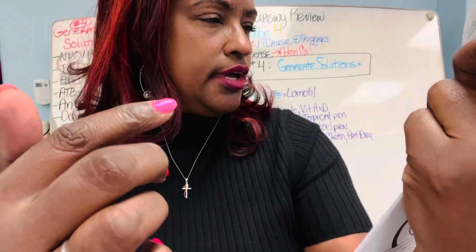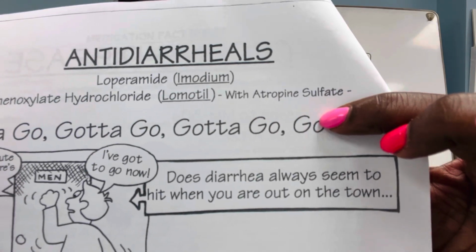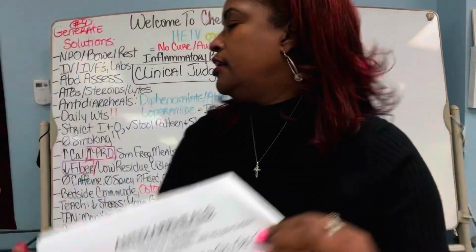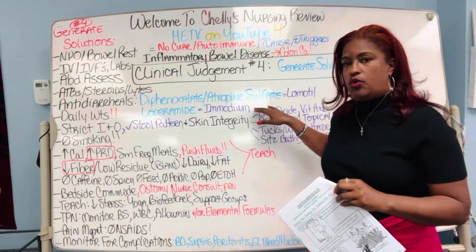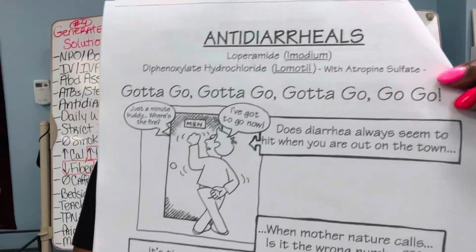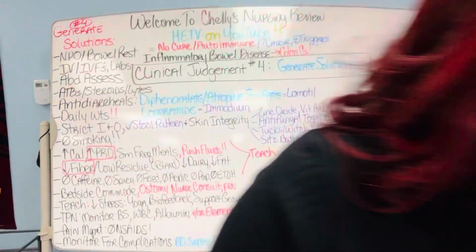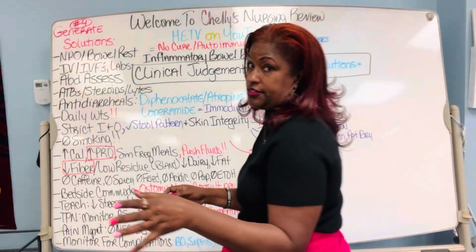What do you call that? Hydrochloride, atropine sulfate. Okay, so all of that was what I wrote on the board. That's why the handouts matter, because if it's on a handout, it might show up on a test. Hello. Okay. Just trying to tell you why you should care about these handouts.